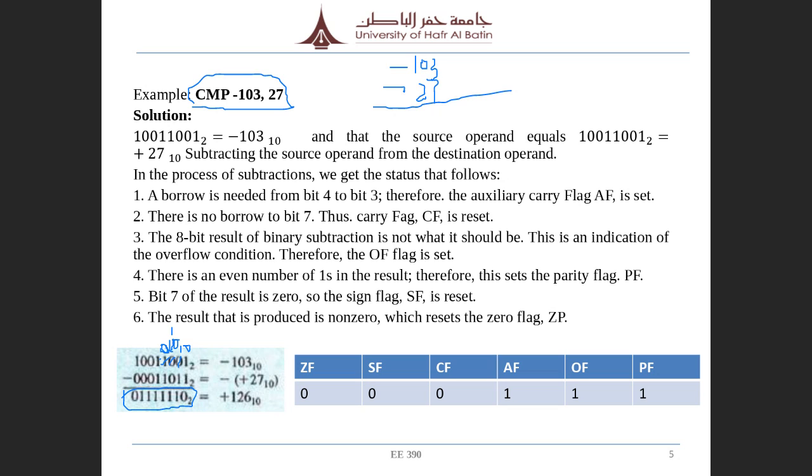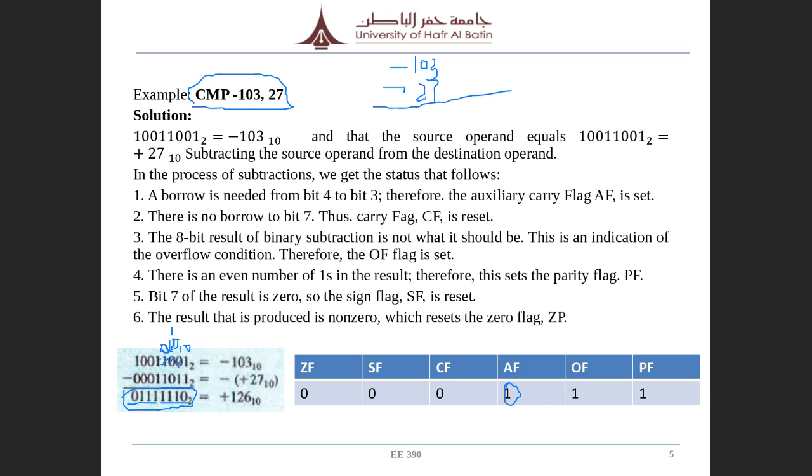Now look at the lower 4 bits and higher 4 bits. There is a borrowing from the higher nibble to the lower nibble, so definitely the auxiliary flag is 1. What about the parity flag? Look at the number of 1s: 1 2 3 4 5 6.